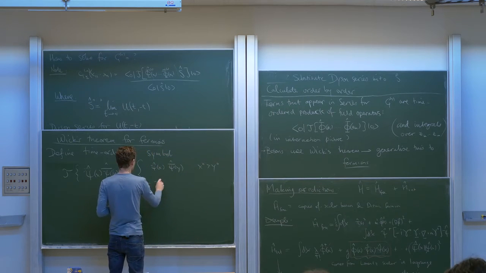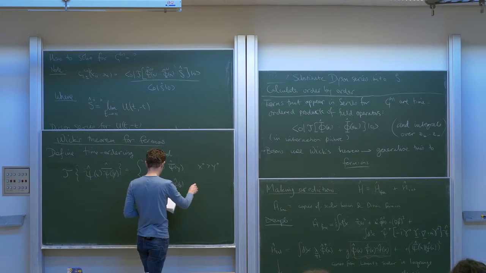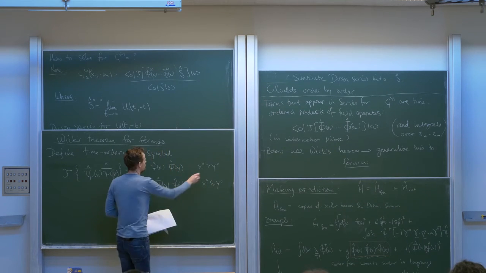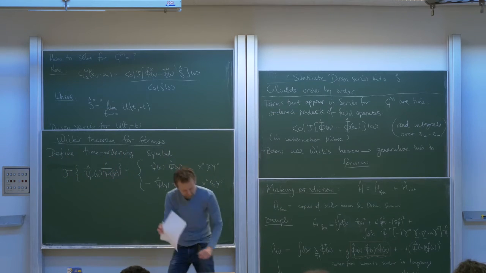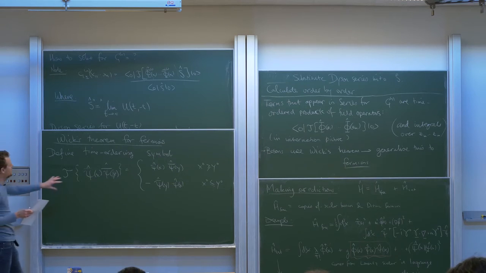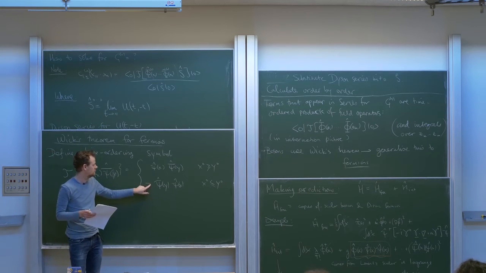And here's the minus sign coming. So the time ordering symbol for fermion operators has a minus sign. It's the only difference.